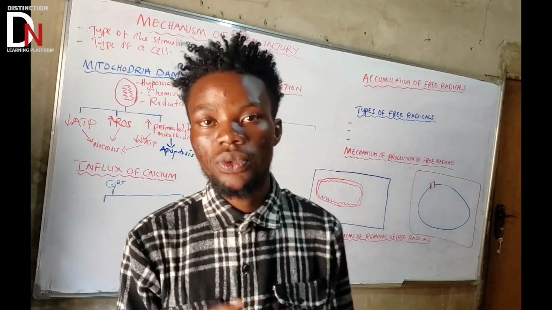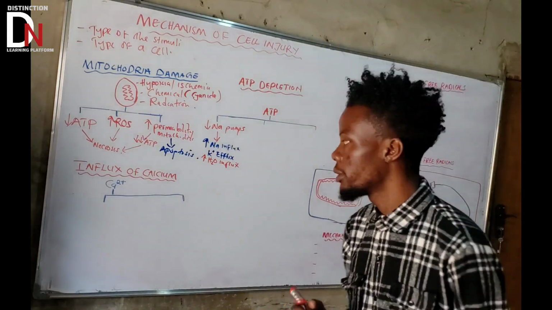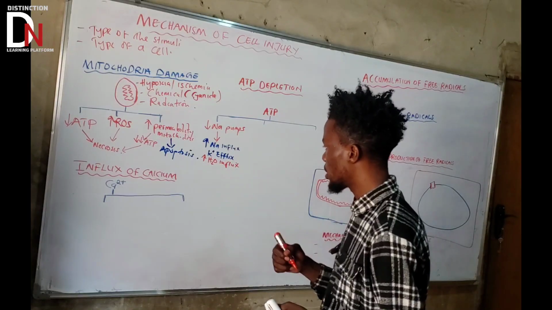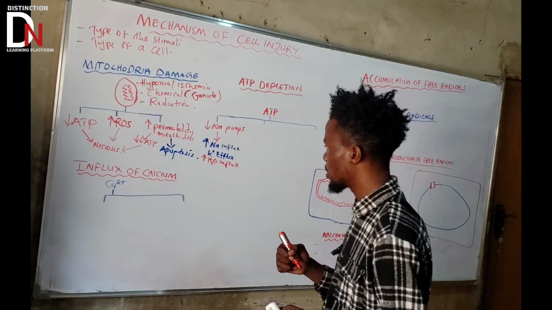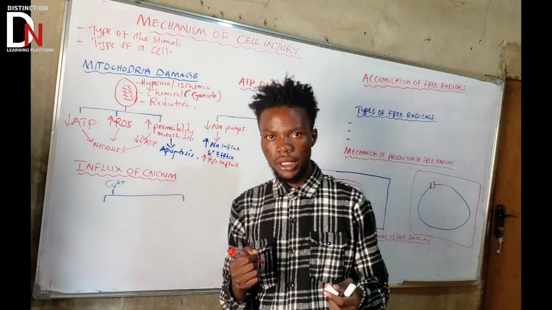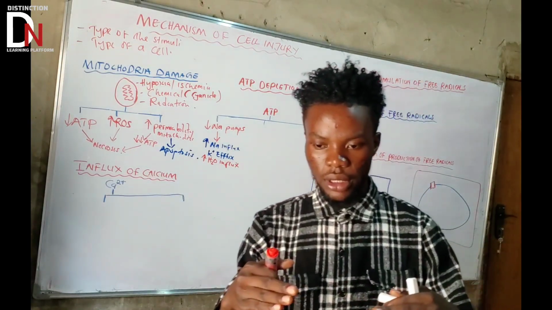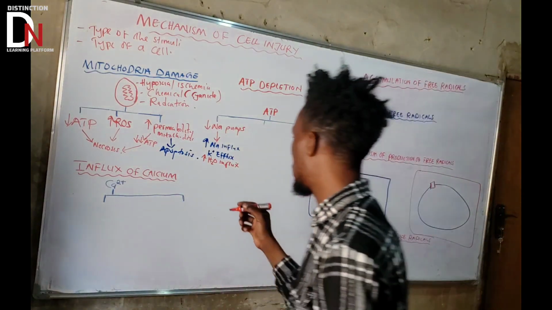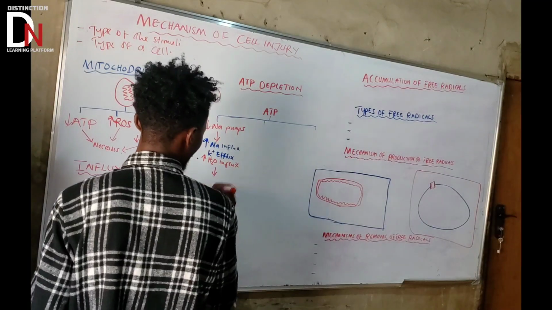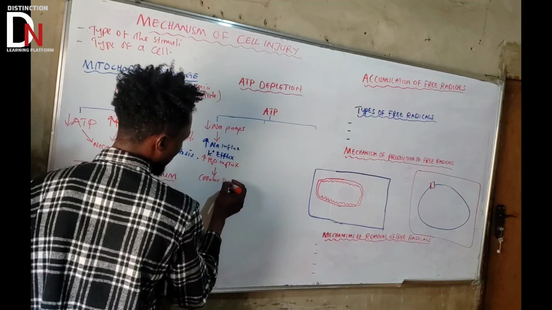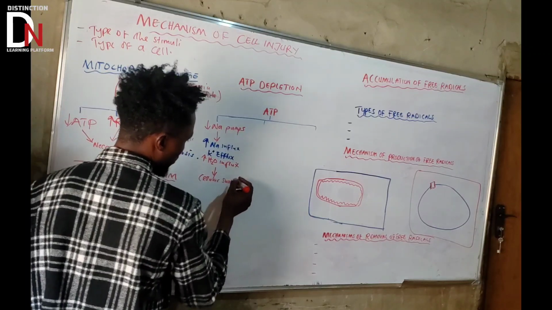Where sodium is going, water likes following. Now you can see something here. If water is going into the cell and sodium is going into the cell, then the cell will look big, right? Because water is inside the cell, the cell will start swelling. So it will lead to cellular swelling.